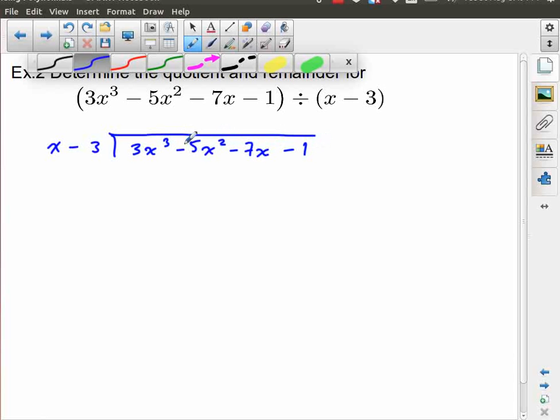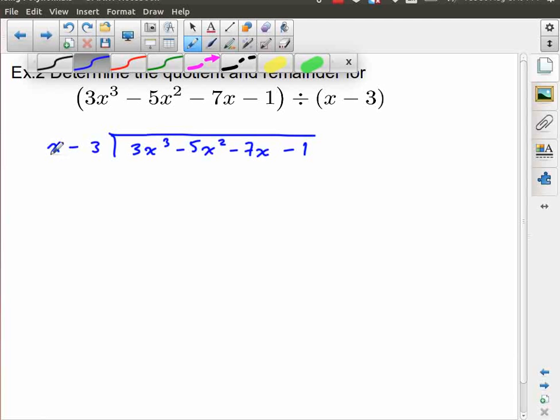So if you were missing, for example, the x squared term, I would actually put a 0x squared here. You don't have to do that. There's something to be said for doing it, and hopefully later on we'll look at examples that will show that to us. But that's not part of the lesson. That's something that we'll talk about later.